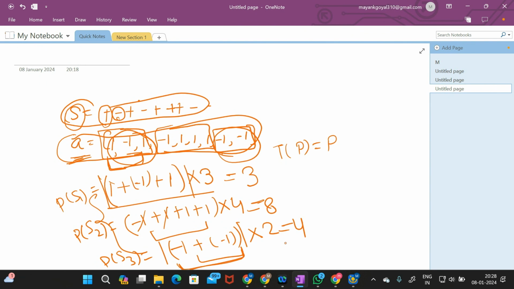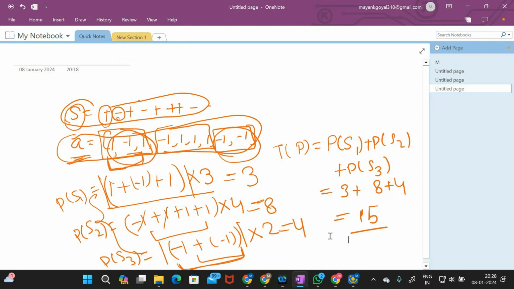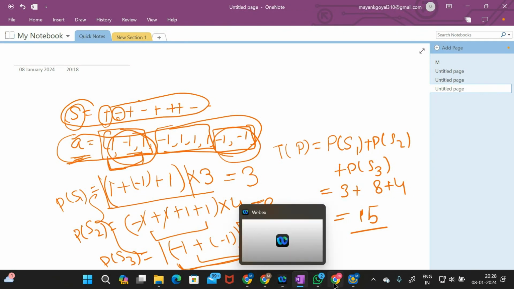So the total penalty is the sum of the penalties of all subarrays. Which is equal to 3 plus 8 plus 4, which is 11 plus 4, 15. Okay. So our total penalty is 15.